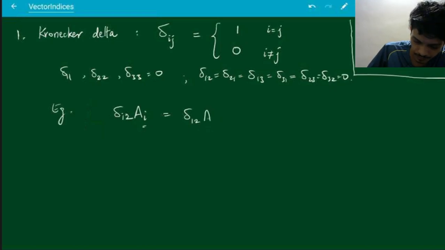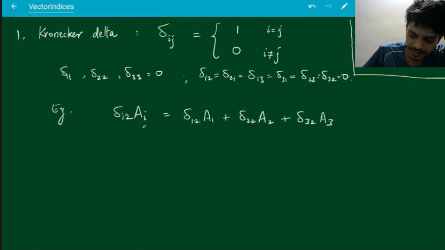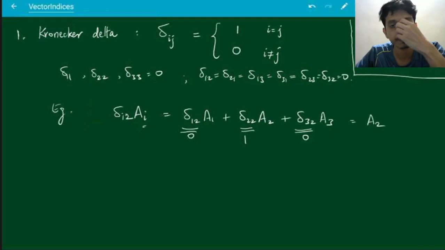So 1 2, 2 2, 3 2. But notice that delta 1 2 is 0 and delta 3 2 is also 0. It's only delta 2 2 which is 1. So this becomes just equal to a_2. So when you multiply something with the Kronecker delta, what it does is it picks out just one specific component out of the 3 components of a.